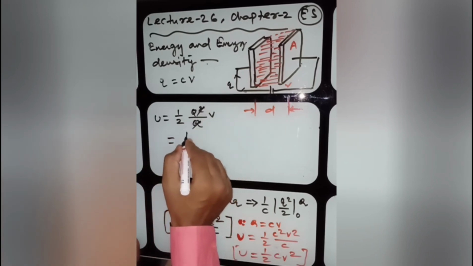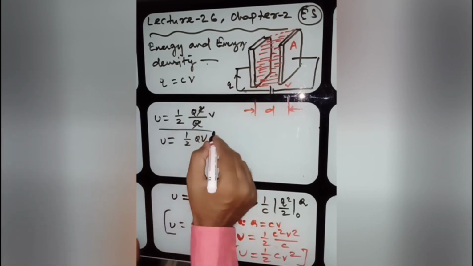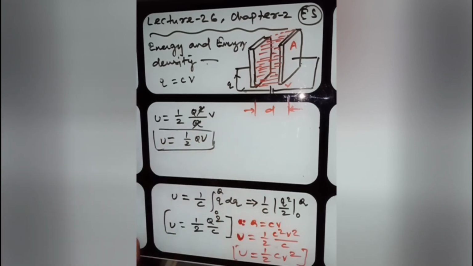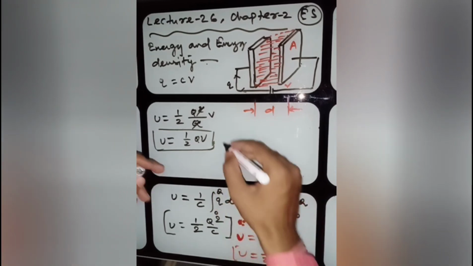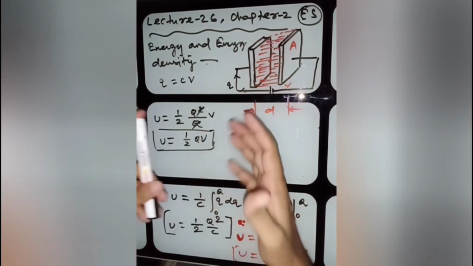So this is half Q V, and this is another formula of potential energy stored by the capacitor.